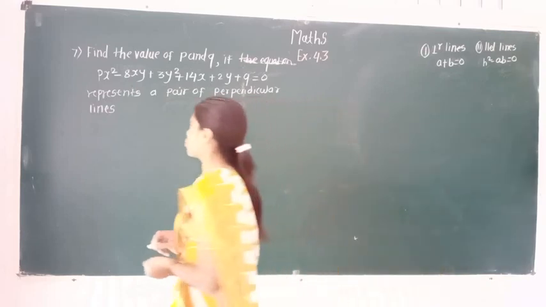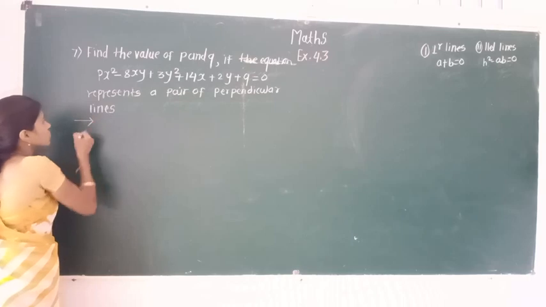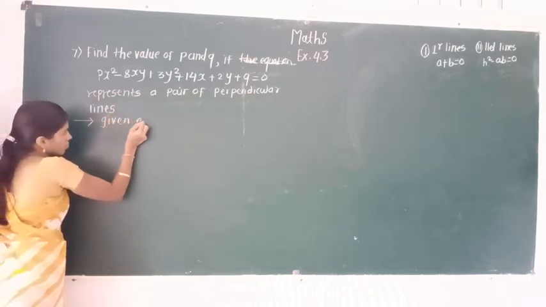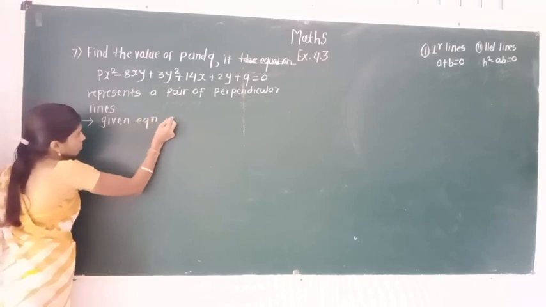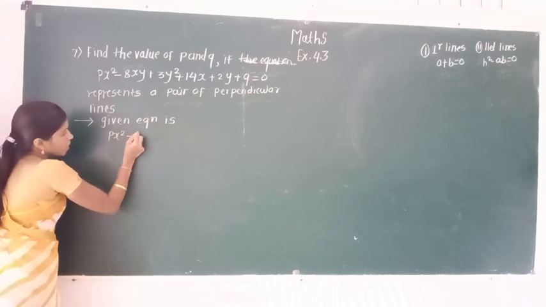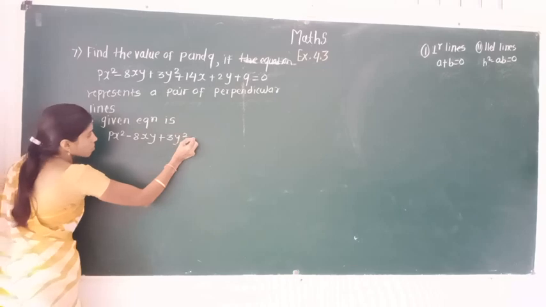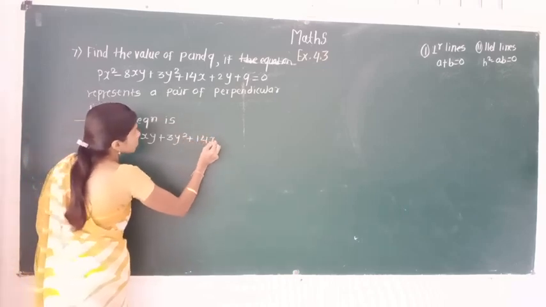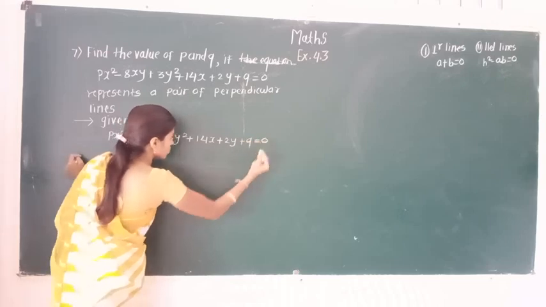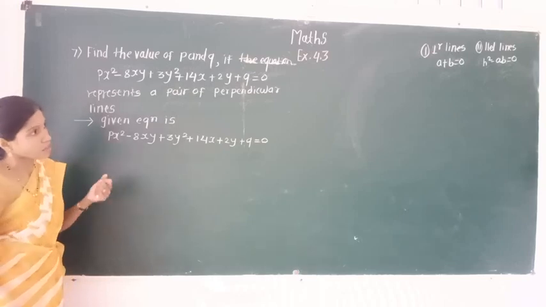Okay, so for finding the values of p and q, first of all we write the given equation: px square minus 8xy plus 3y square plus 14x plus 2y plus q is equal to 0. First of all we have to find the values of a, b, c and f, g, h.